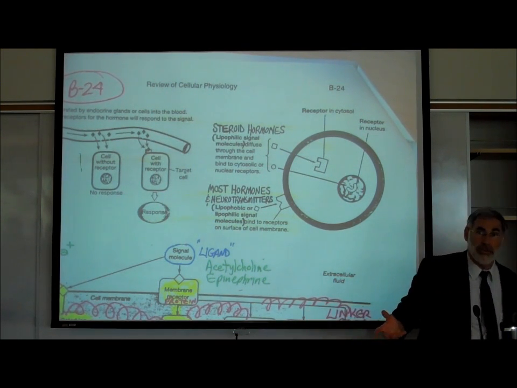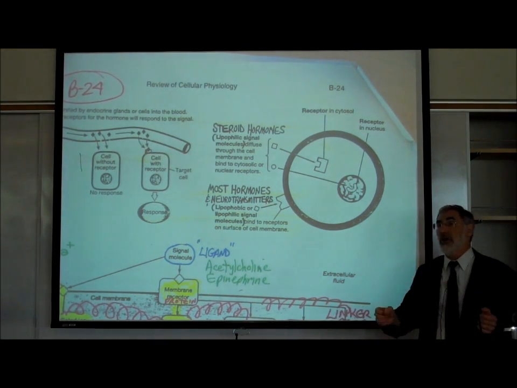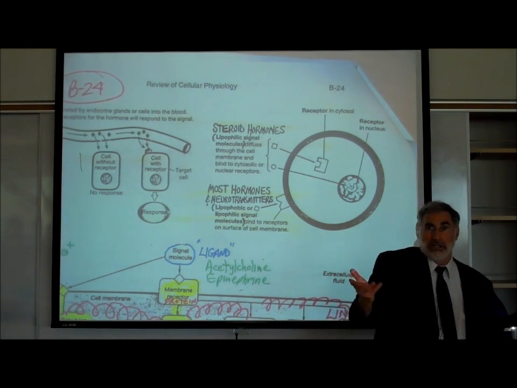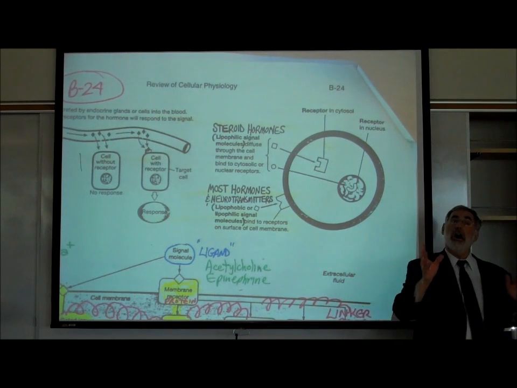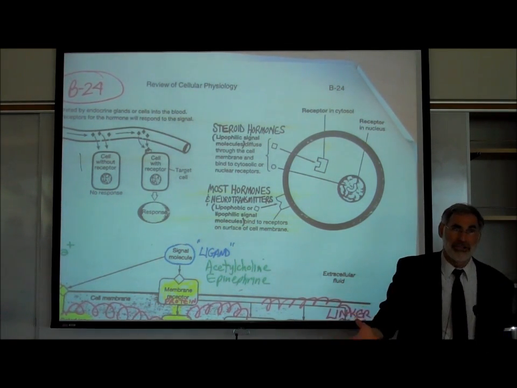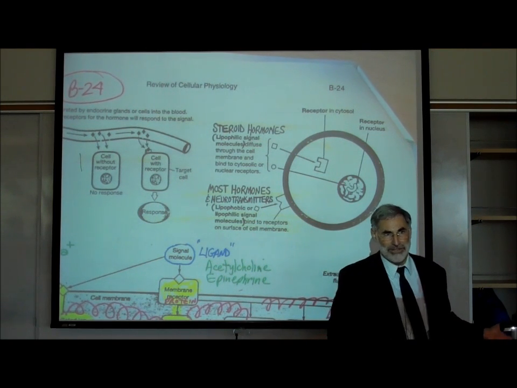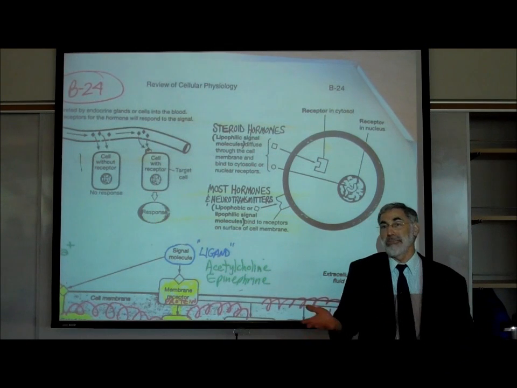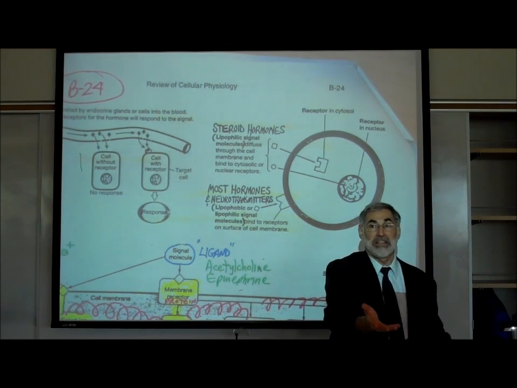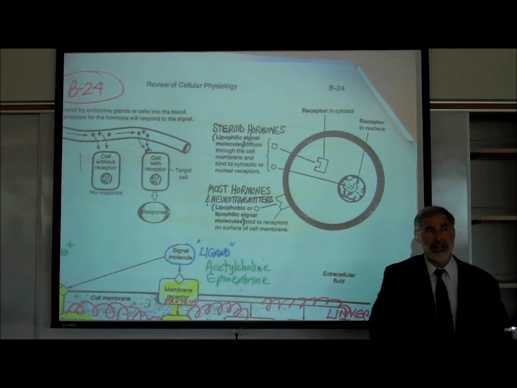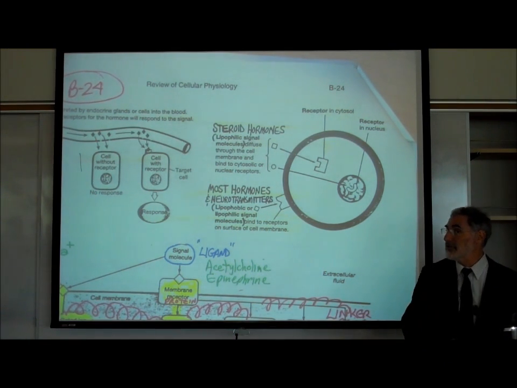It's not digested or broken apart. So a woman can take estrogen in her birth control pills orally. But a protein hormone, any protein that you ingest, is digested into amino acids. So if a person were to swallow insulin, it would be the same effect as eating actin and myosin in meat and muscle cells. It's just going to be broken apart into amino acids. So we learned protein hormones have to be injected.